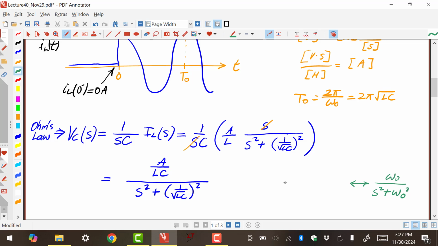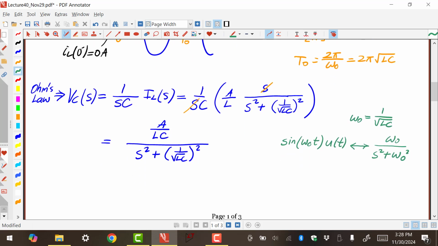This would be something like sine omega naught t u(t). Omega naught as defined before, just to remind you, is defined as 1 over root LC. It's just a shortcut, you could say, a definition. So here we have the denominator s squared plus omega naught squared, but in the numerator we have A over LC. So that's A times omega naught squared.